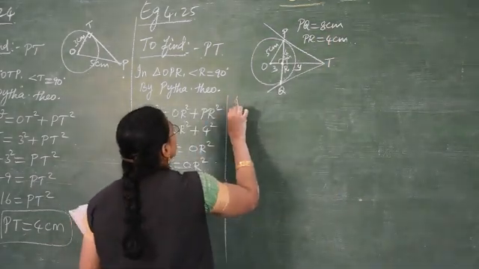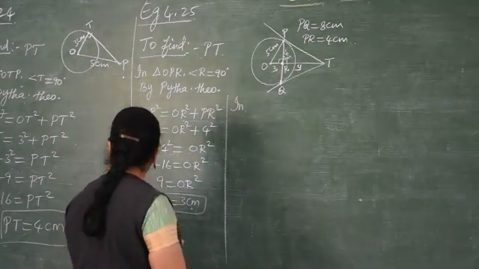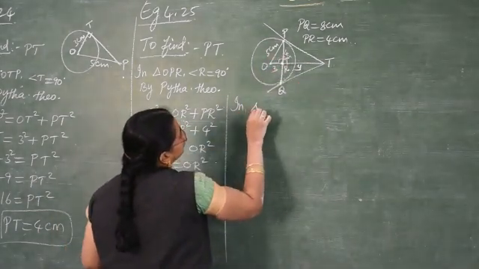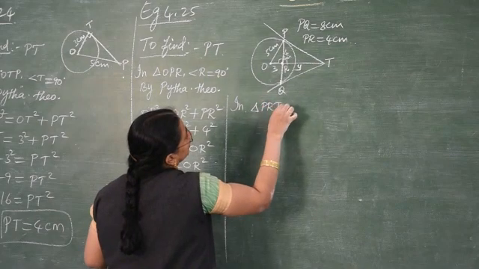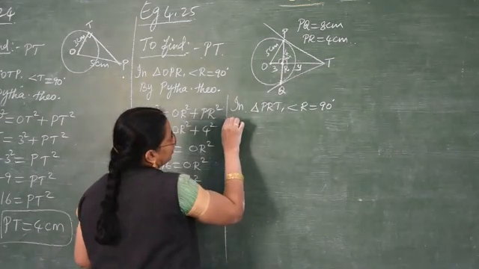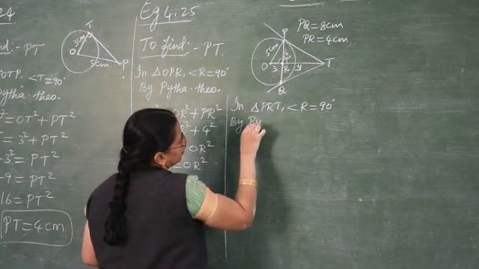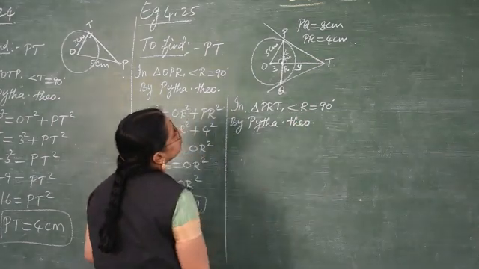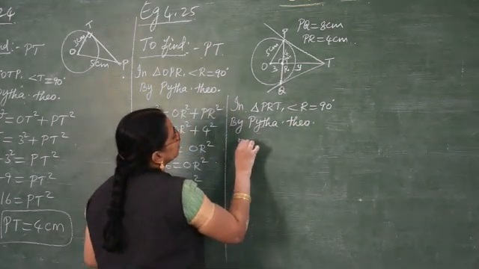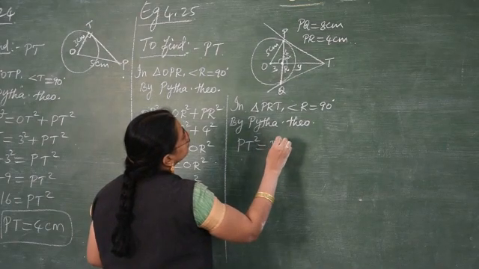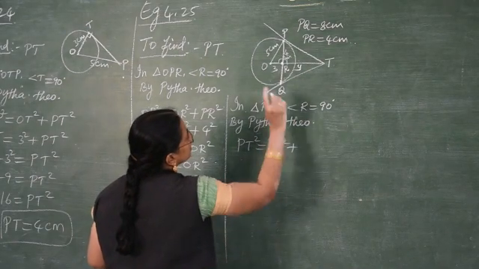Now, which triangle will you be taking? In triangle PRT, angle R equals 90 degrees. Therefore, by Pythagoras theorem, PT square equals PR square plus RT square.